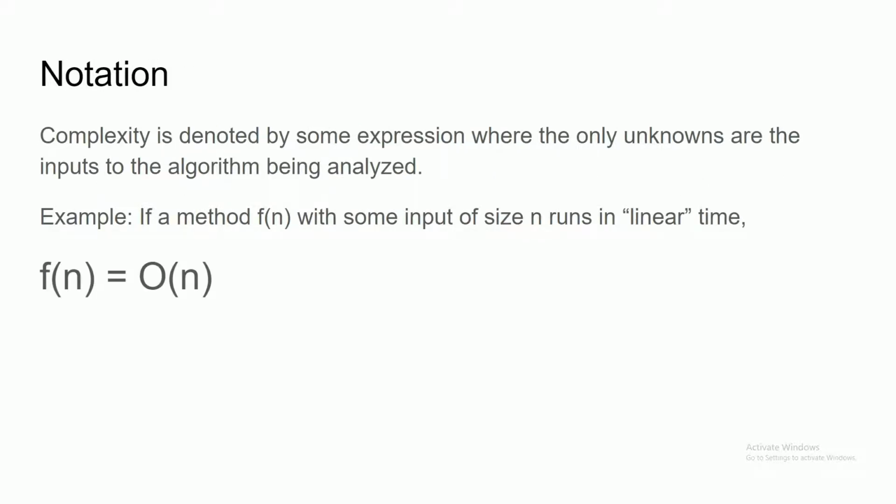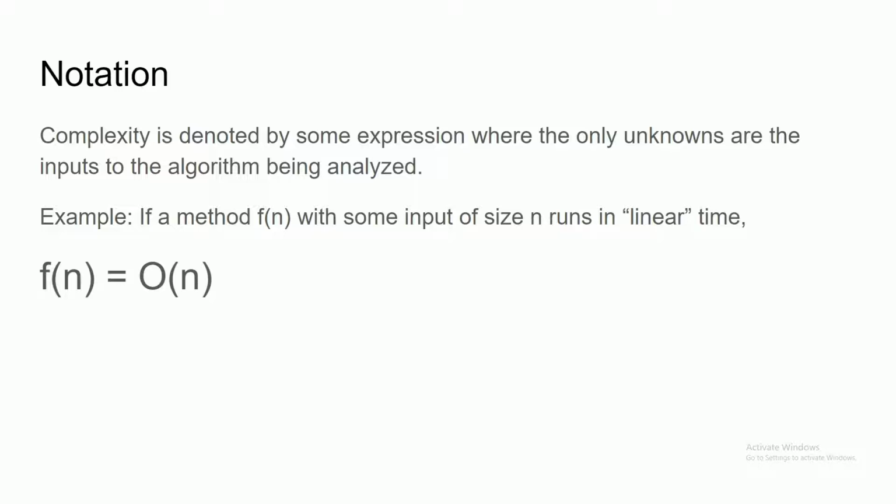So complexity is denoted by some expression where the only unknowns are the inputs to the algorithm being analyzed. What we mean by this is that we're going to create some expression within parentheses, as you can see at the bottom here, and that's preceded by a big O because this is called big O notation.